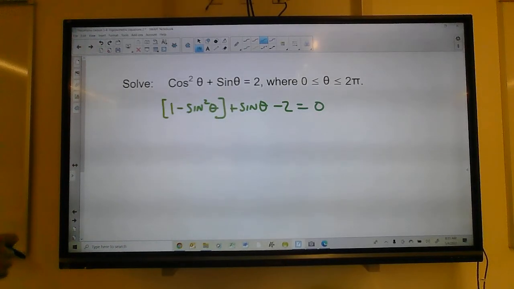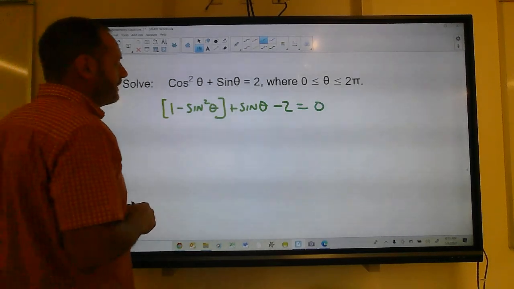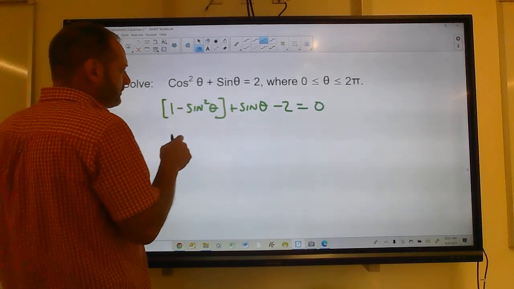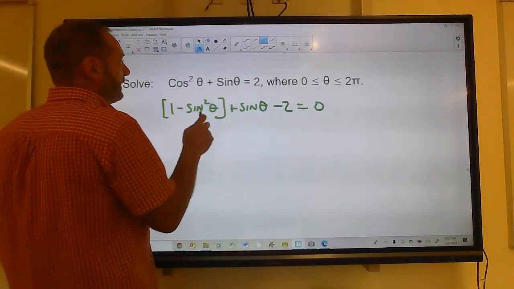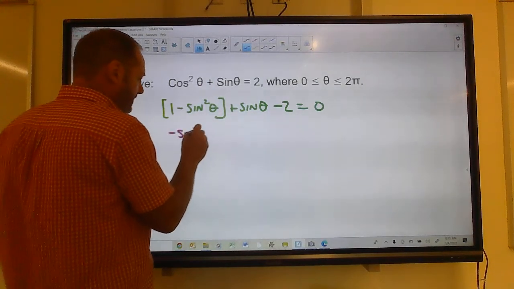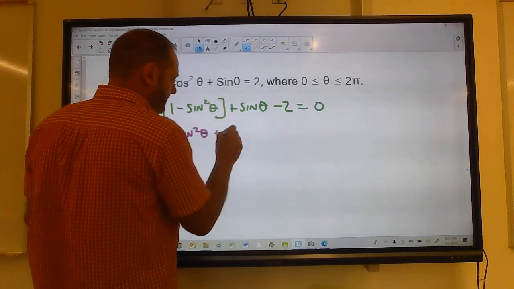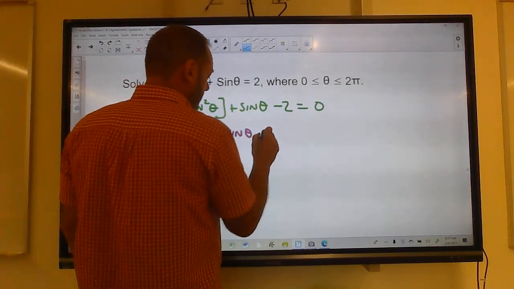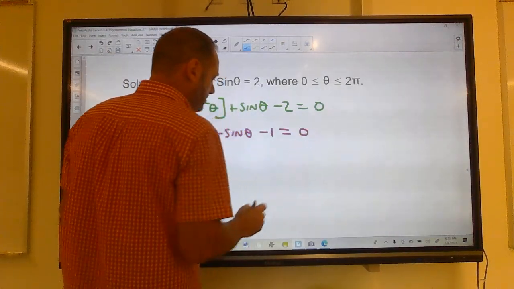So we've got this. And now let's combine our like terms. Okay, so we'd have a negative sine squared theta plus sine theta. 1 and negative 2 is negative 1.